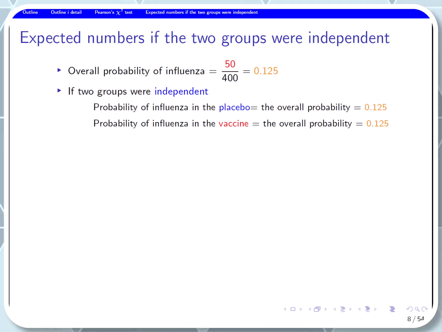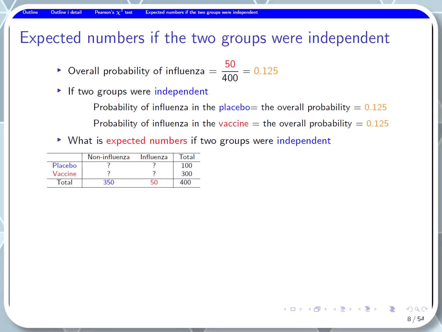The probability of influenza in the vaccine group is also equal to the overall probability, 0.125. Here's the question. What are the expected numbers if the two groups were independent? Concretely, what are the expected number of influenza cases and non-cases in the placebo group? What are the expected number of influenza cases and non-cases in the vaccine group?